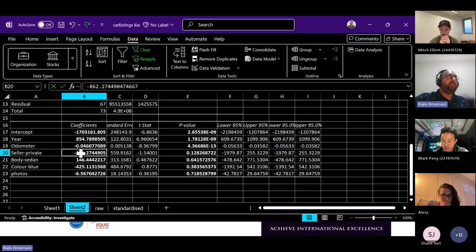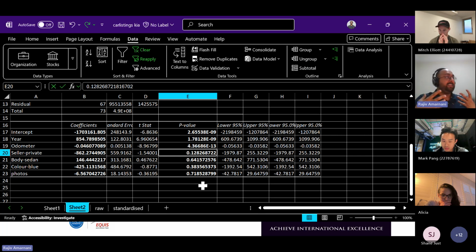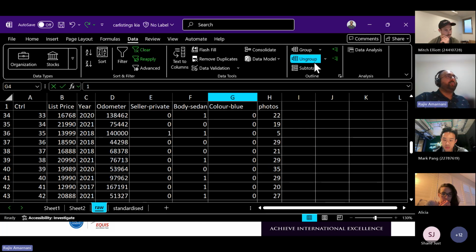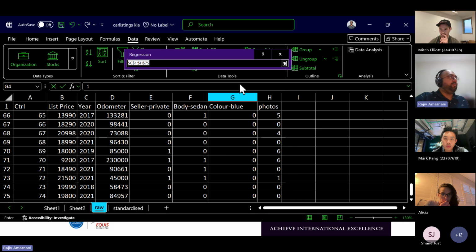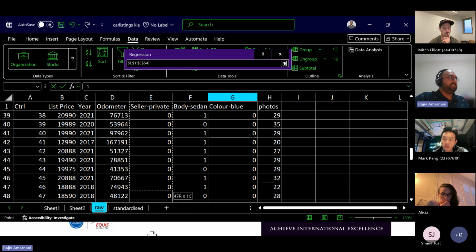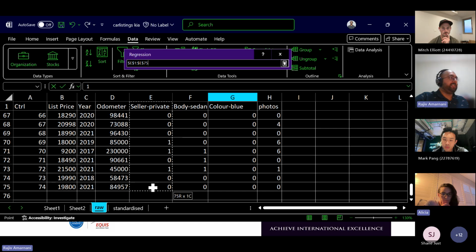Seller, private or not, does not seem to statistically significantly predict list price. So it does not appear to have an effect. Although, if we were to run a single regression, let's do this now, where the only predictor is whether the seller is private or not.